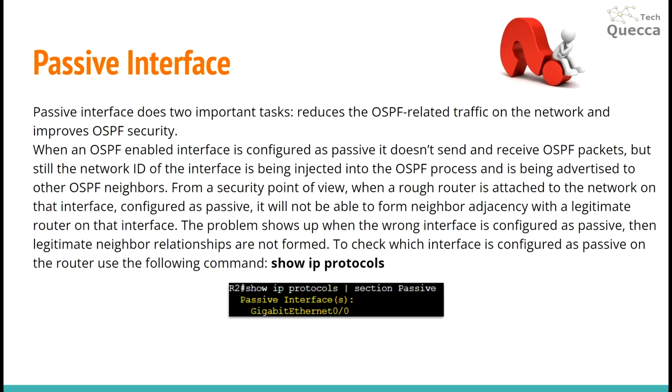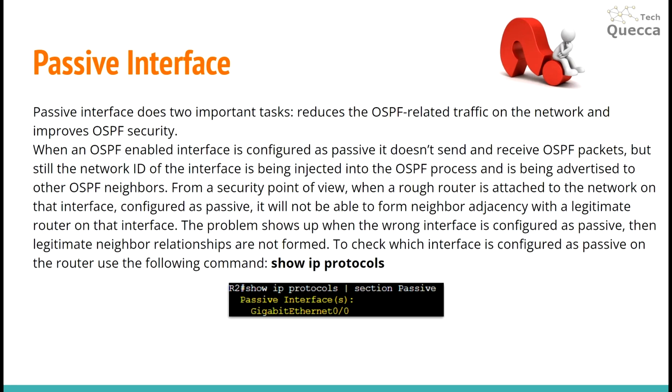From a security point of view, when a rogue router is attached to the network on that interface, it will not be able to form a neighbor adjacency with a legitimate router on that interface. The problem shows up when the wrong interface is configured as passive. Then legitimate neighbor relationships are not formed.